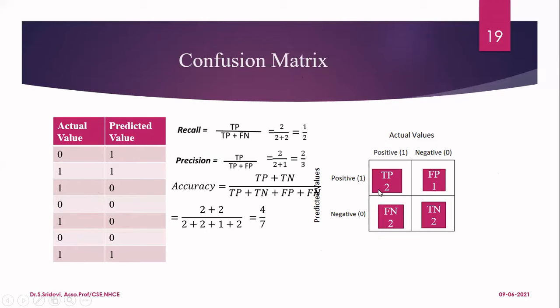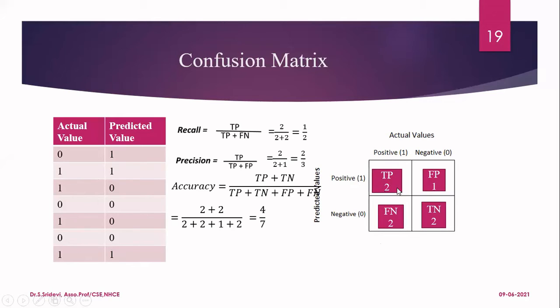Let us understand how to fill the confusion matrix. The first term is where the actual value is positive, that is 1, and the predicted value is also positive, that is 1. In your table, see where you have 1, 1. In this row I have 1, 1, and in this row also. So in 2 rows I have 1, 1.